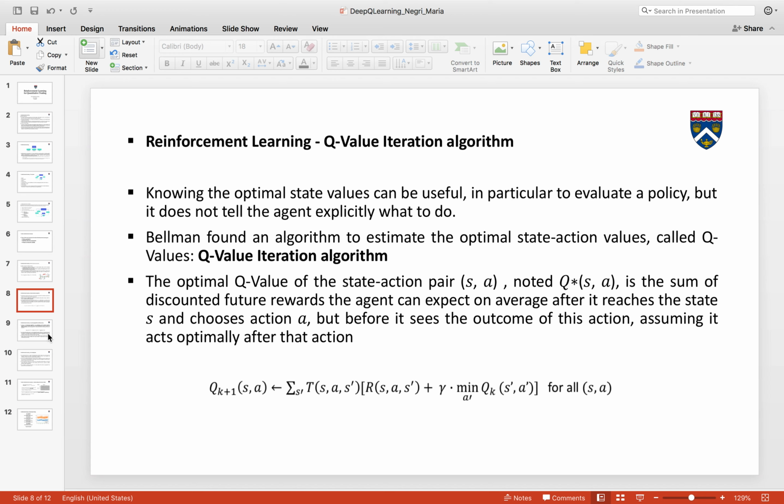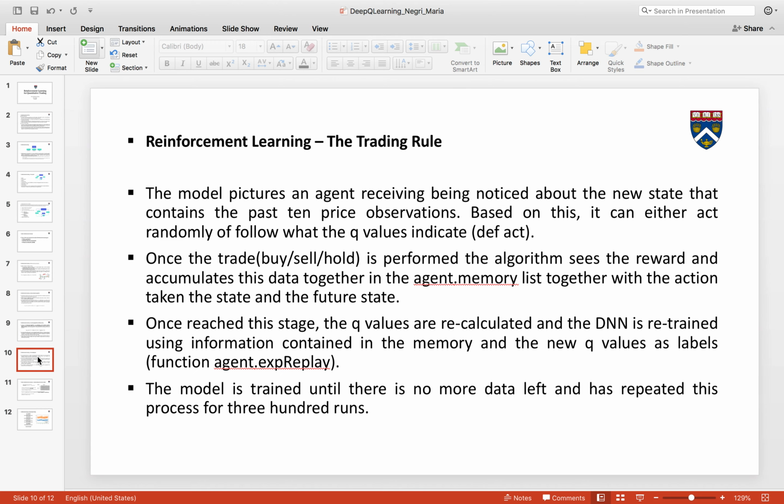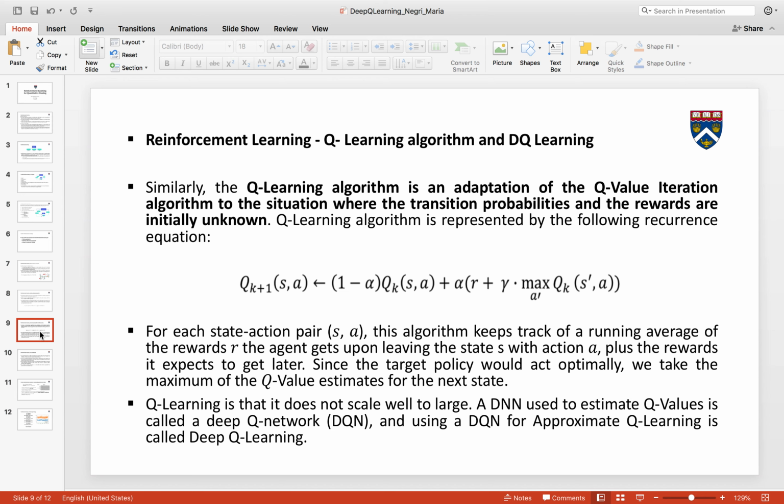Q-learning is a model-free reinforcement learning method. This means that it does not require nor use a model of the environment to obtain an optimal policy. For each state S, the algorithm simply keeps track of a running average of the immediate rewards the agent gets upon leaving that state, plus the rewards it expects to get later, assuming it acts optimally.